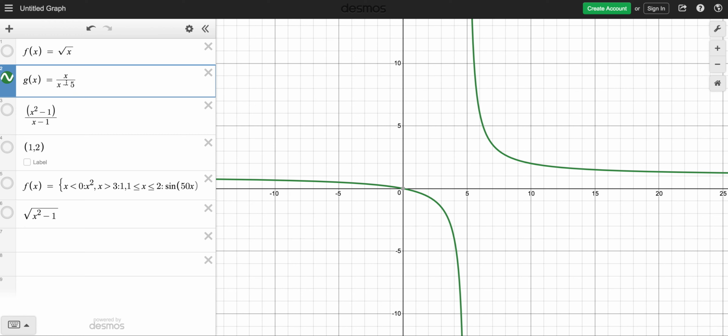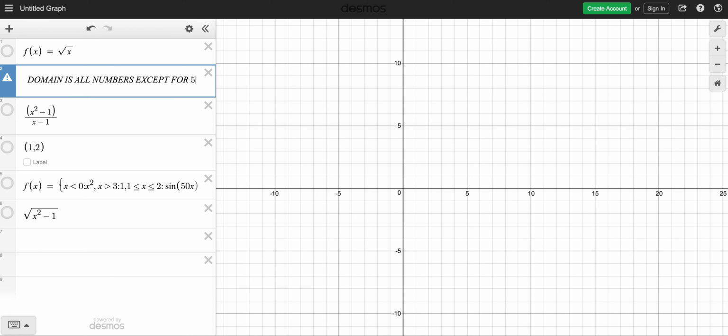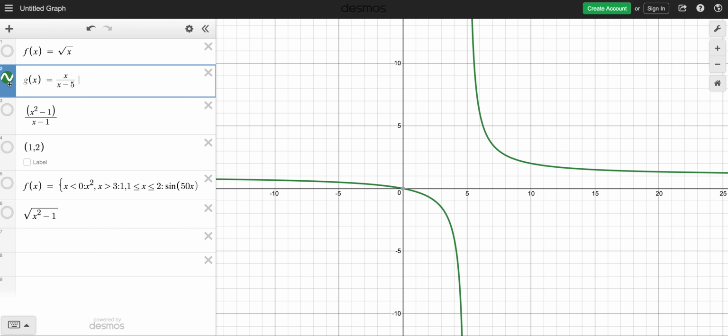And I can't divide by 0. That's not a defined operation. So here the domain is all numbers except for 5. Okay, so that's the second one.